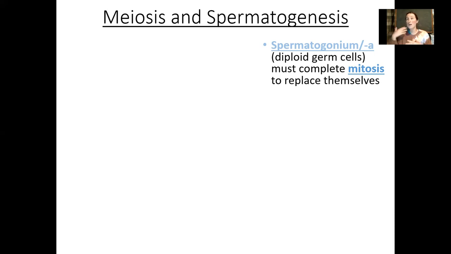So before spermatogenesis, the creation of sperm, can begin at all, these germ cells, these stem cells, have to complete mitosis. Mitosis, as opposed to meiosis, and again, maybe this is a review, maybe this isn't, is the process of essentially copying an existing cell. So the spermatogonium has 2 copies of DNA, just like every other type of cell within the man's body.